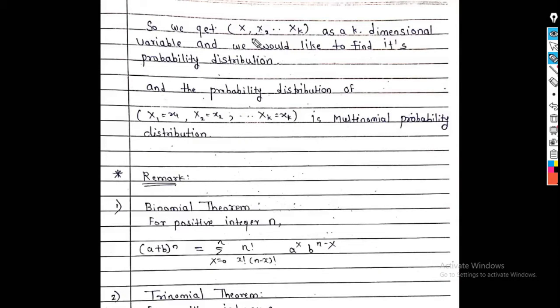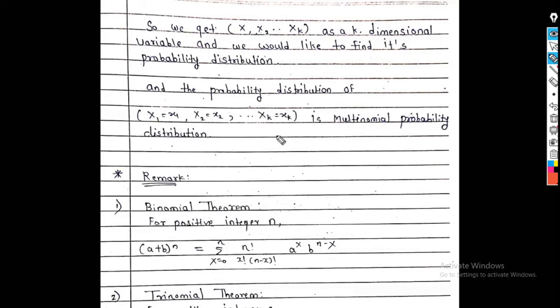So we get (x1, x2, ..., xk) as a k-dimensional variable, and we would like to find its probability distribution. The probability distribution of x1 equal to the value x1, x2 equal to the value x2, and xk equal to the value xk is a multinomial probability distribution.